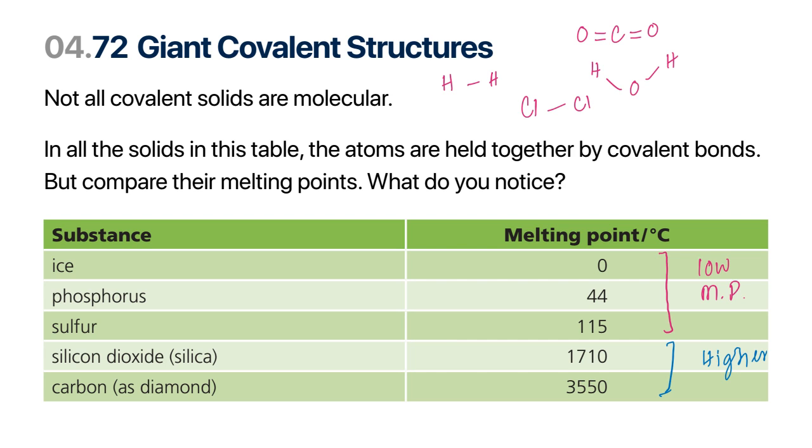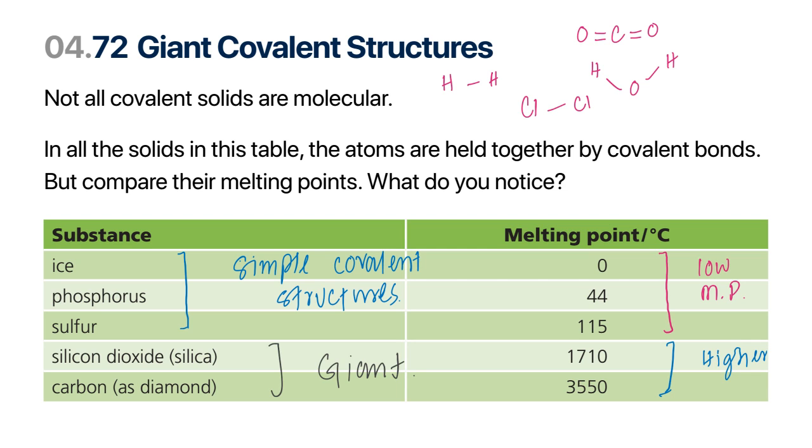So it's safe to say something's happening in silicon dioxide and carbon, which makes it different from these molecules. So for one thing, these molecules are called simple covalent structures, whereas the one at the bottom is a giant structure. These two are giant covalent structures or macromolecules.